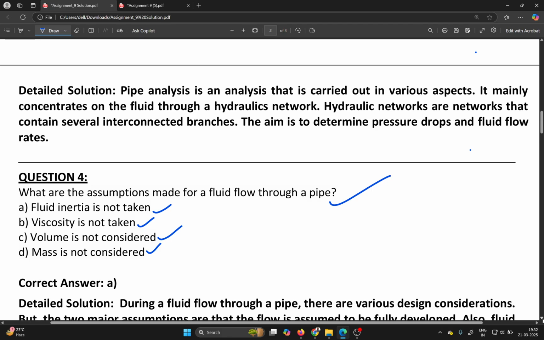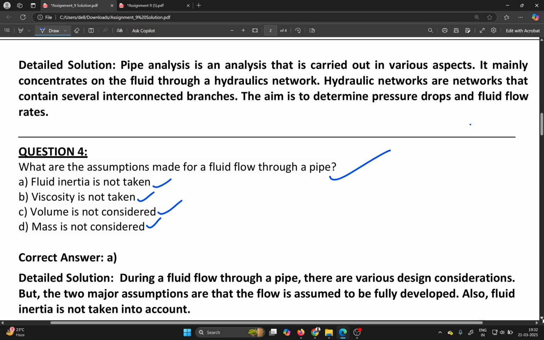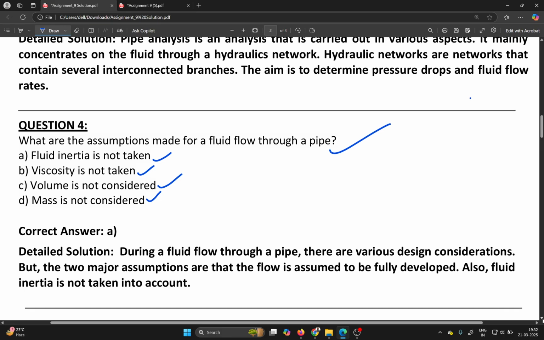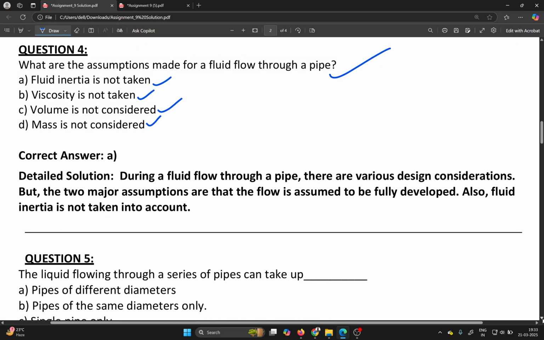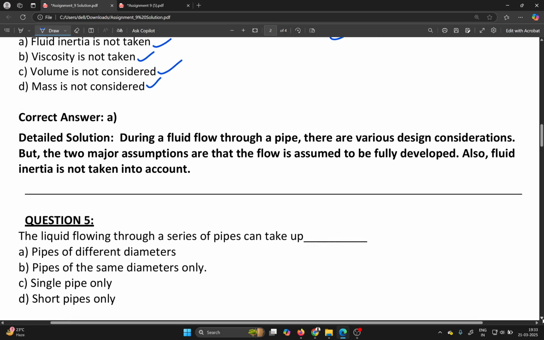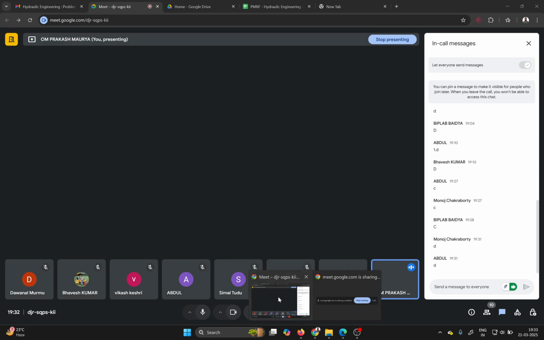Mass we considered, volume we considered, viscosity also considered, but fluid inertia is not considered in case of pipe flow. Now the next question is question number 5. Please wait 1 minute.